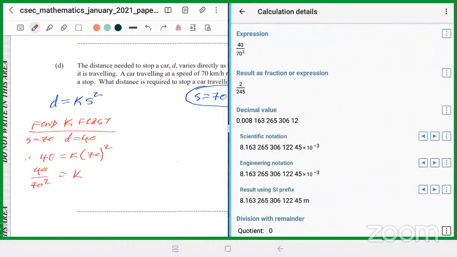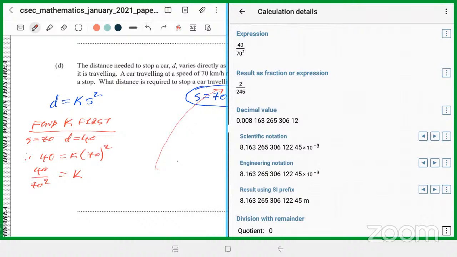So the fraction is right there, 2 over 245. So you can put that if you want, or you can just work back with the same fraction as you have it, not a problem.